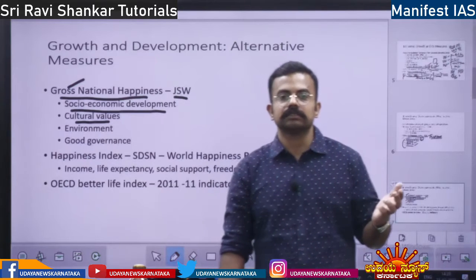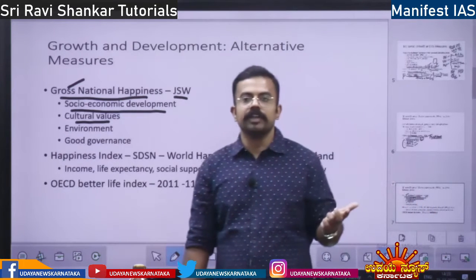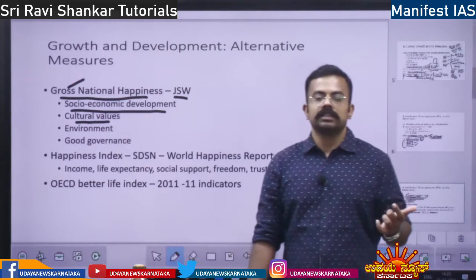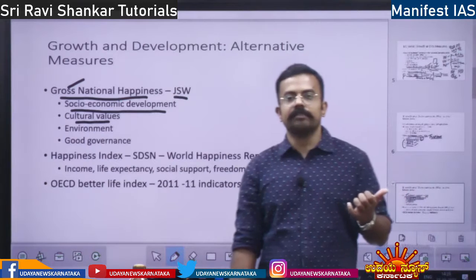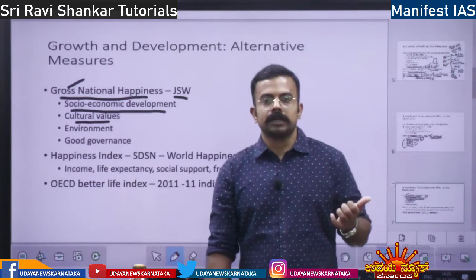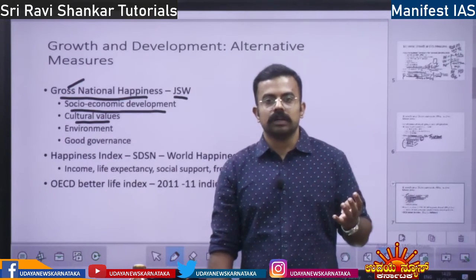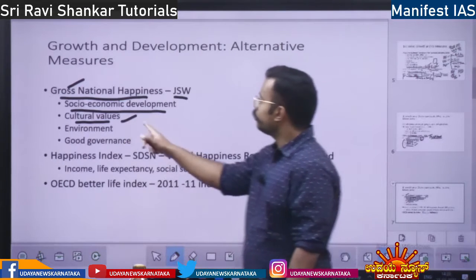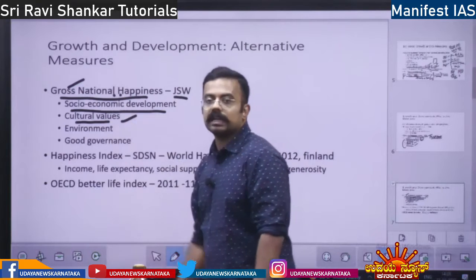Respecting the elders, protecting the environment, seeing God in the environment, using water in a limited way, treating all animals well. All of these come under cultural values. If we follow that, we are happy, they say.